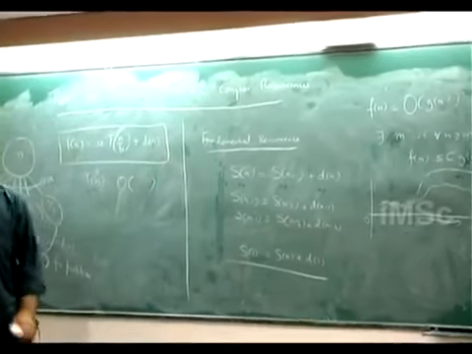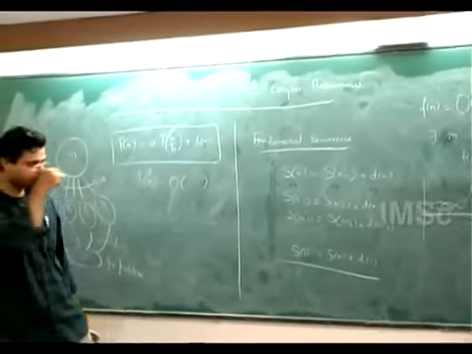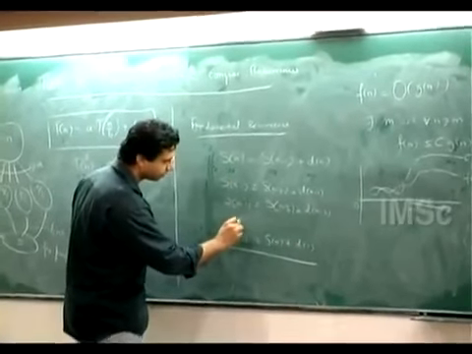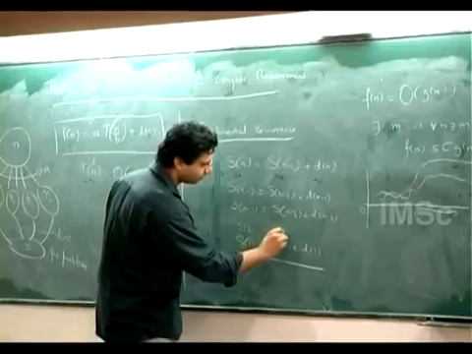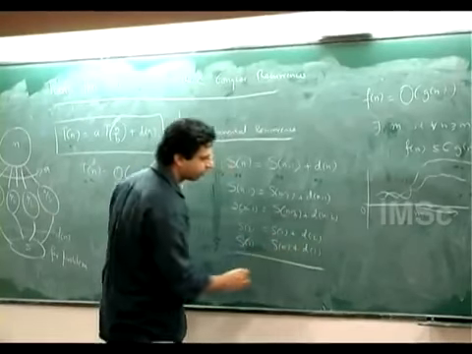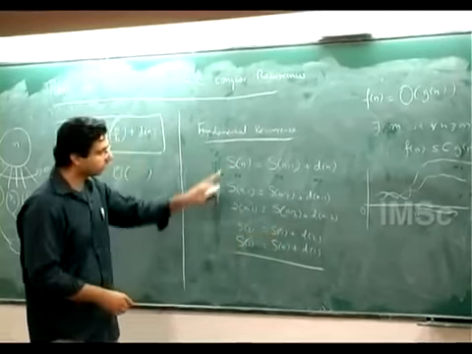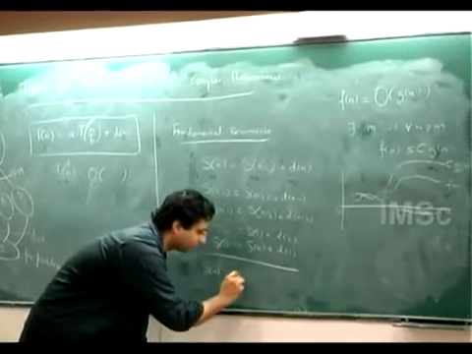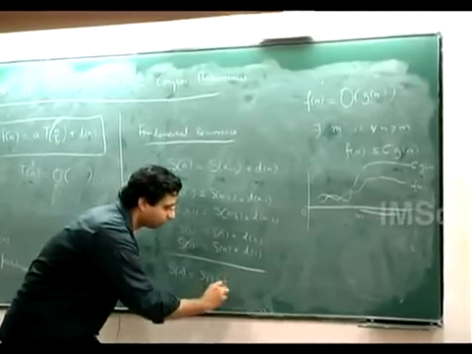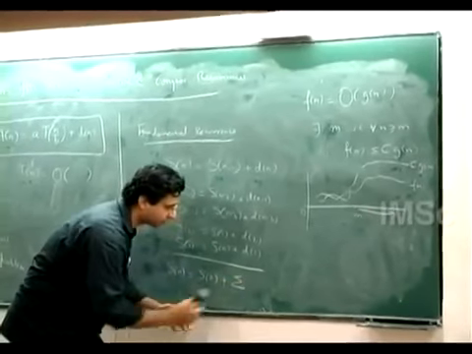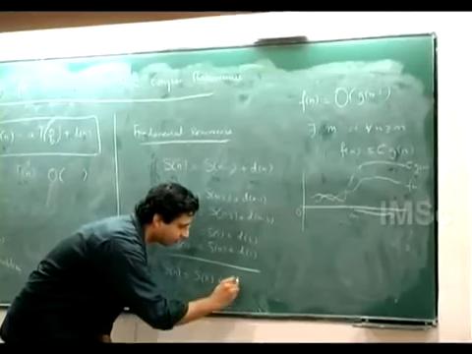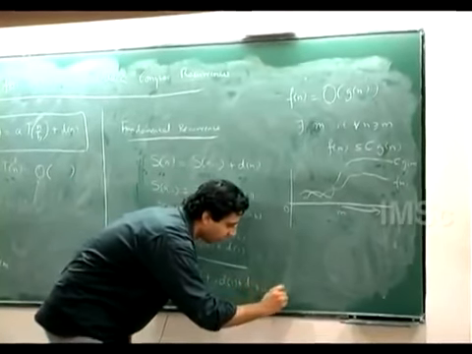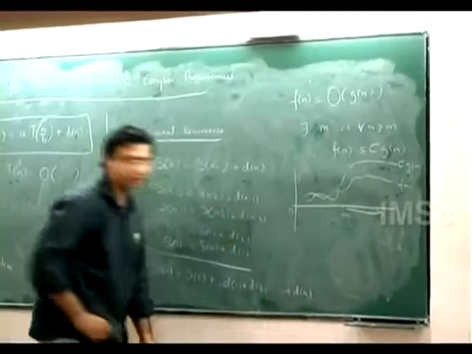This telescoping effect was mentioned in the last lecture. So let's say S2 would be S1 plus D2, so S1 cancels out. What I get is Sn is the last term S0 plus the summation D1 plus D2 plus up to Dn.